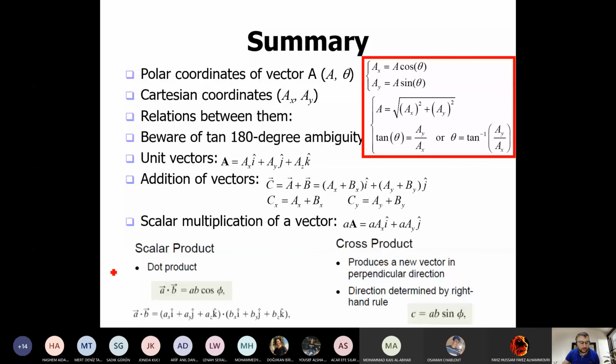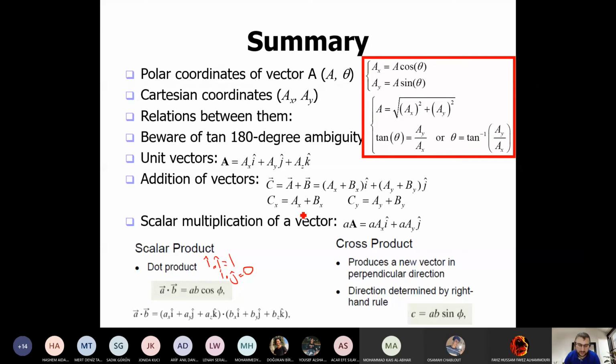You can also compute it as ax bx plus ay by plus az bz. For the scalar product, i dot i is equal to 1, but i dot j is equal to 0.